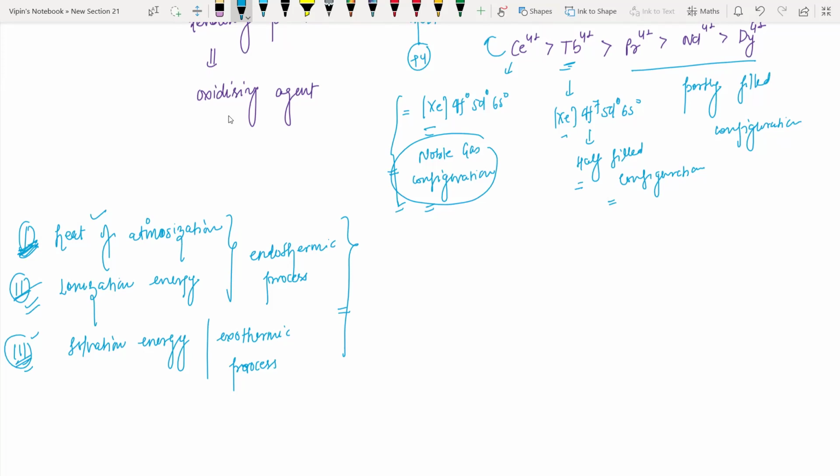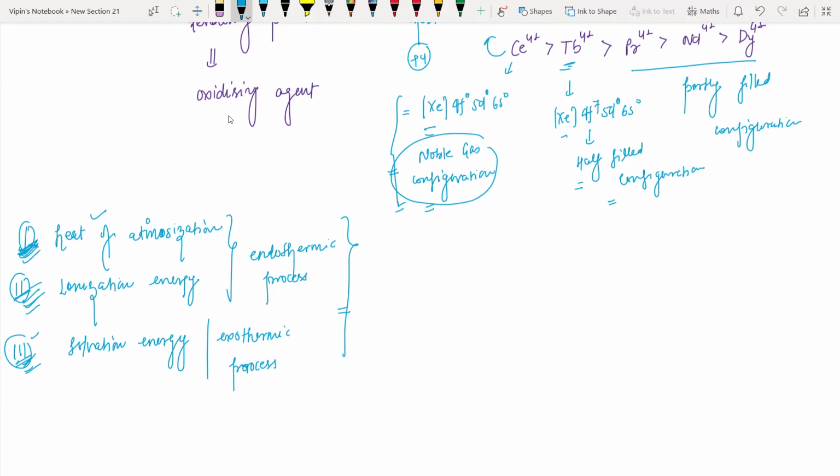But if you want to explain the exact order, why Pr 4+ has partly filled configuration, neodymium 4+ also has partly filled configuration, so why is one more stable and one less stable? In order to explain these things, you must have the knowledge of all these experimental values. So it is better to learn this, because in the examination you don't have time to remember the numerical values of heat of atomization, ionization energy, and solvation energy.